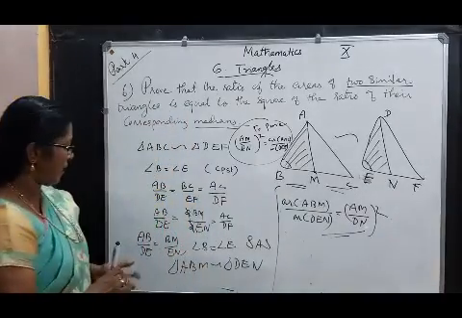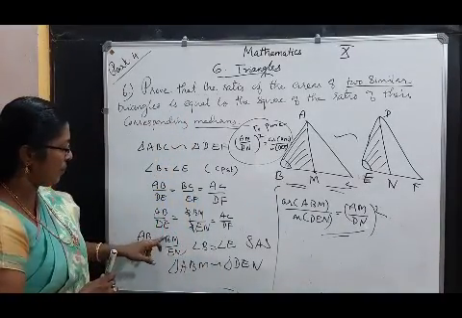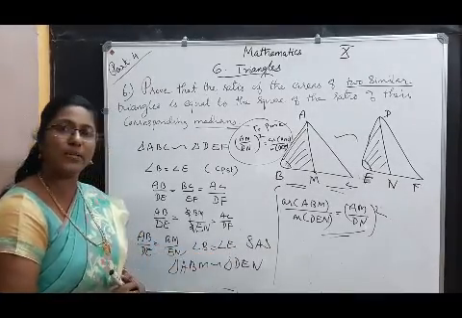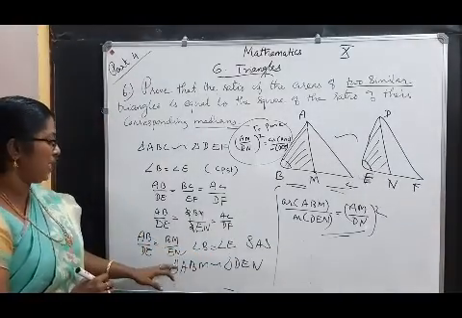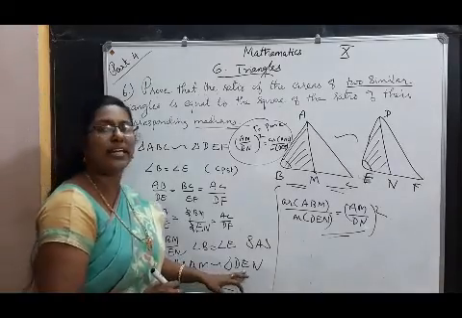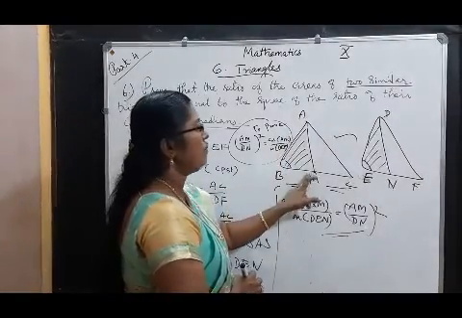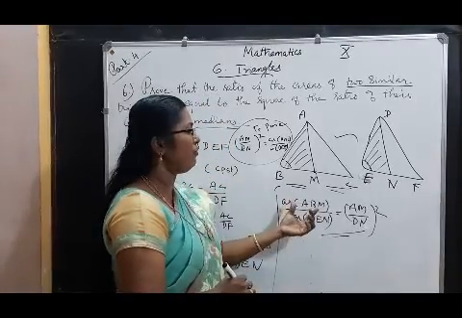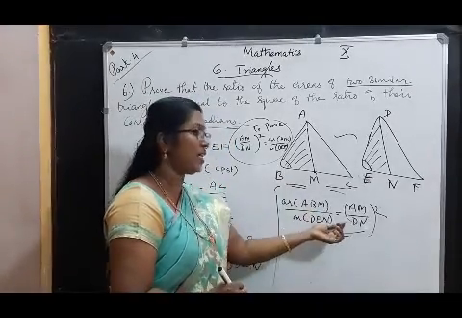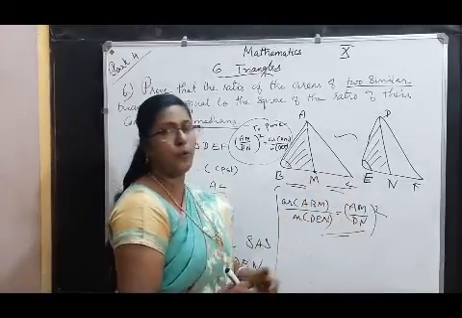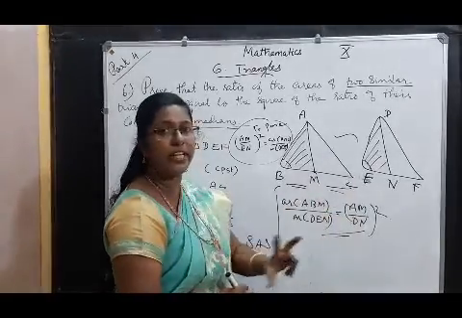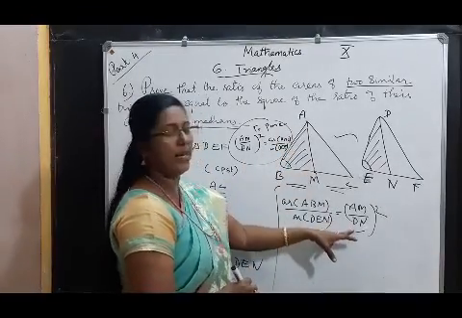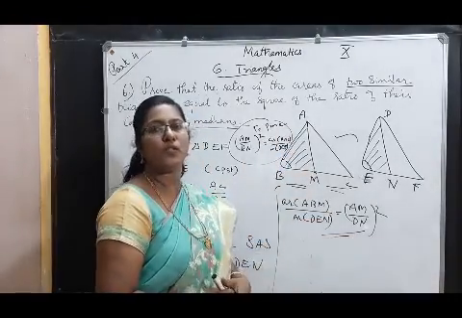So you can write AB by DE equal BM by EN and angle B equal angle E by SAS similarity criterion. Triangle ABM is similar to triangle DEN. So the ratio of their areas is equal to the square of the ratio of corresponding sides. Here we take the corresponding side as the median, AM square by DN square, that is AM by DN the whole square.